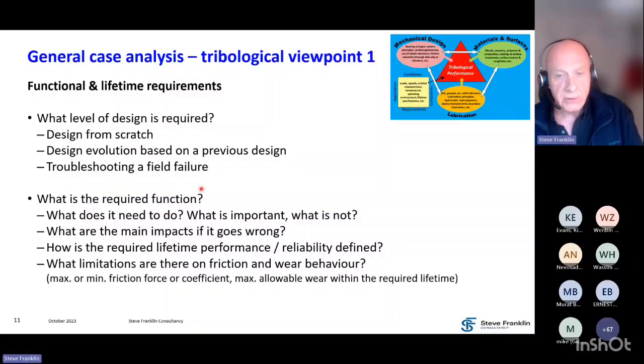What is the required function? What does this thing, product or machine, need to do? What is important and what is not important? What happens if it goes wrong? What impacts does that have?